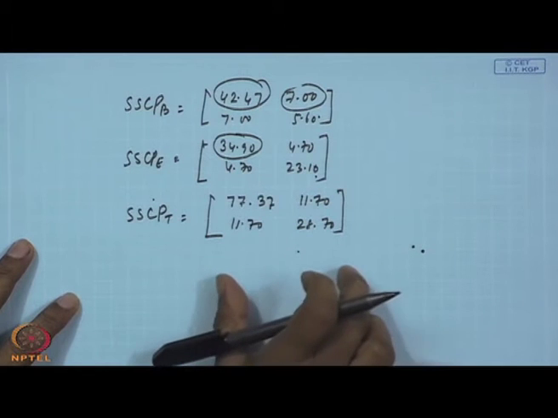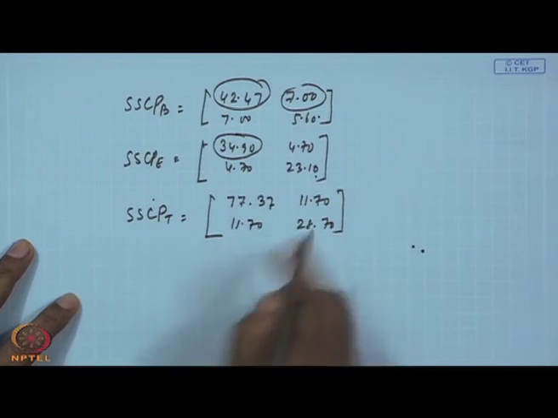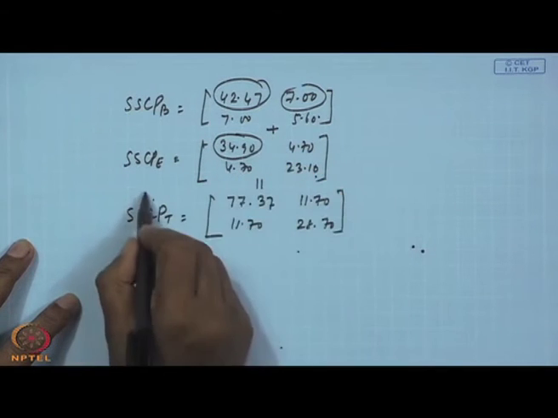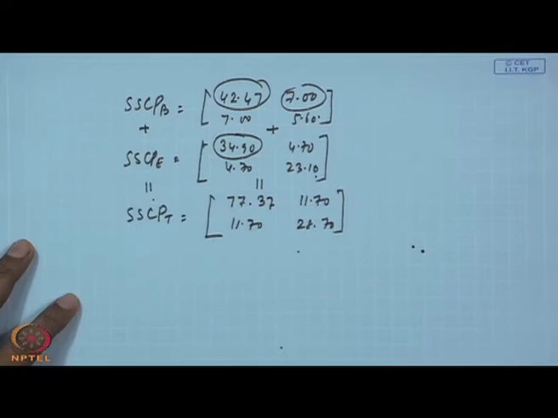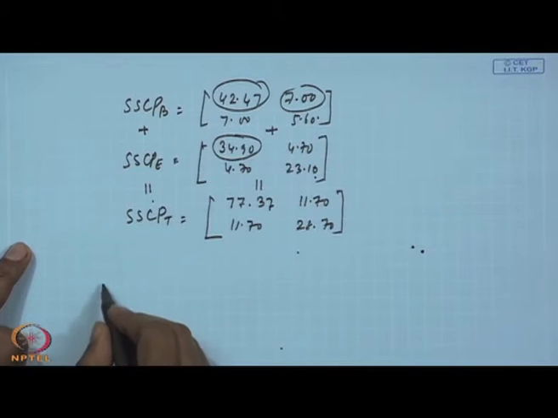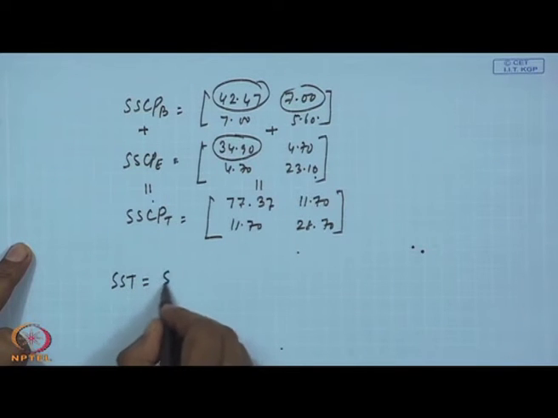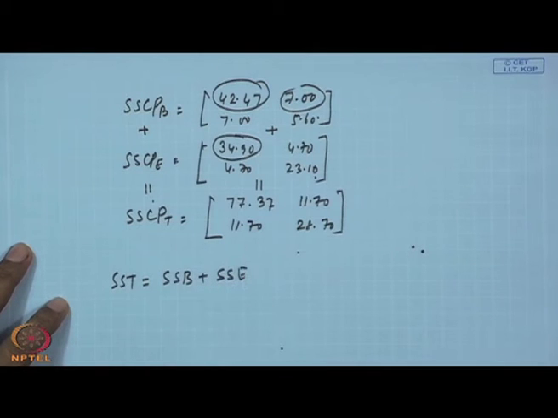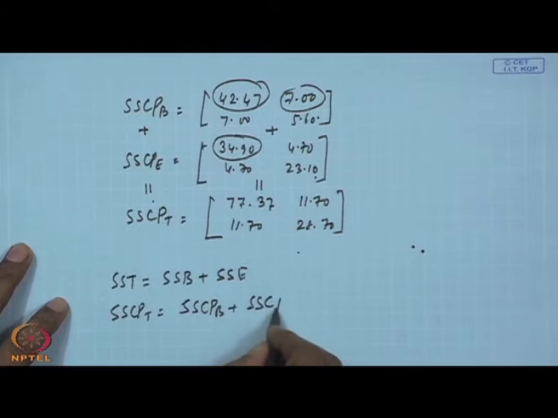Okay. This is the decomposition of the total matrix, this equal to this plus this. So, in ANOVA you have decomposed SST, sum square total, equal to sum square between populations and sum square error, and in MANOVA what you are doing, SSCP total is decomposed into SSCP between plus SSCP error.